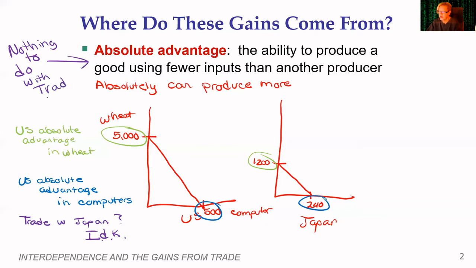Okay, so on the test, I will ask you about this several times to make sure you understand the difference between an absolute advantage and a comparative advantage. Absolute: who absolutely can produce more given the amount of inputs. And as we just looked at, the US can produce more wheat and computers.